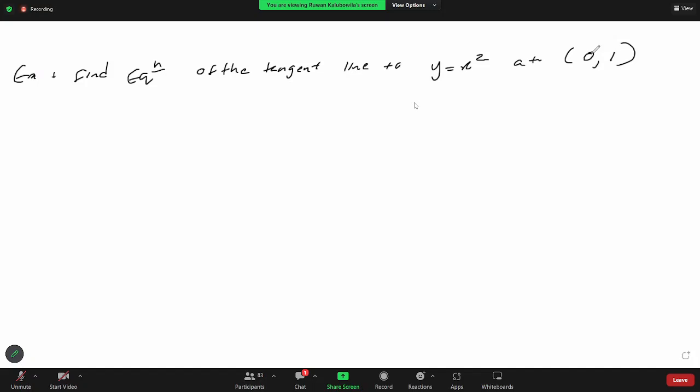But not 0, 1, let's take 1, 1. Right? So this is the x value. This is a defined point. So we consider this one. How to do this?